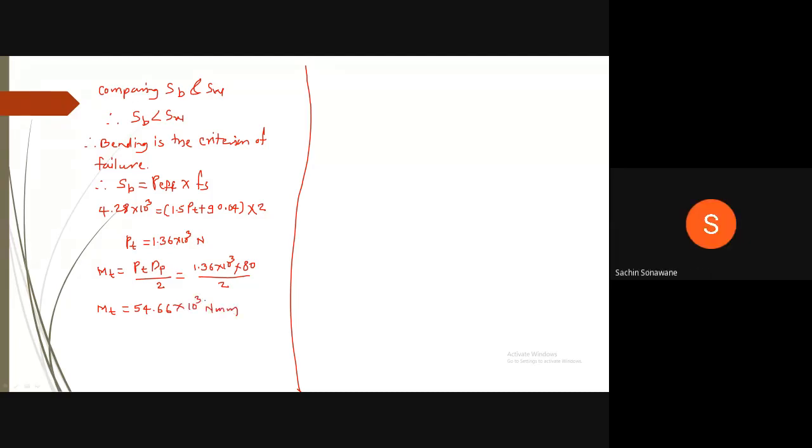Therefore, once you have calculated torque transmitted, calculate power transmission. Kilowatt is equal to 2 pi Np MT divided by 60 into 10 raised to 6, which is equal to 2 pi into 500 into 54.66 into 10 raised to 3 divided by 60 into 10 raised to 6.